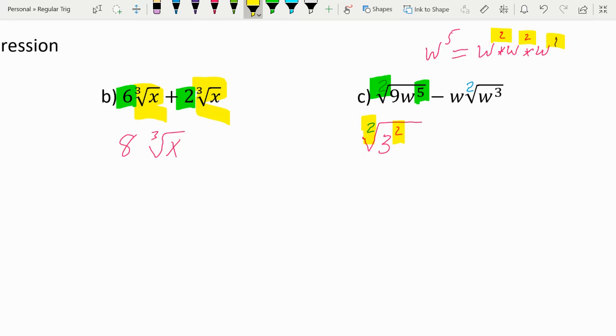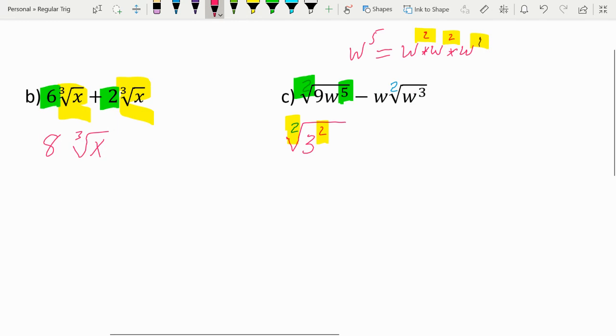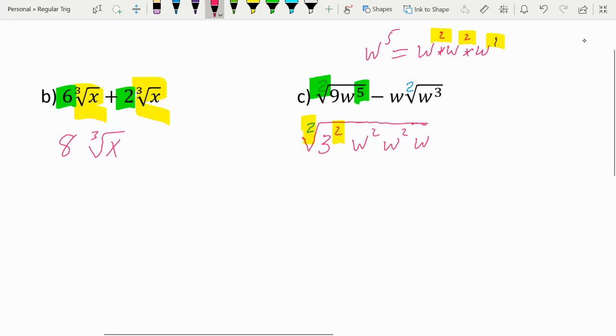So if you agree that when we multiply, we add those exponents, then I'm hoping that you'll agree with me that we can rewrite w to the fifth as w squared times w. And again, the reason that I did that is because I want the index and the exponents, all of those, to be the same.